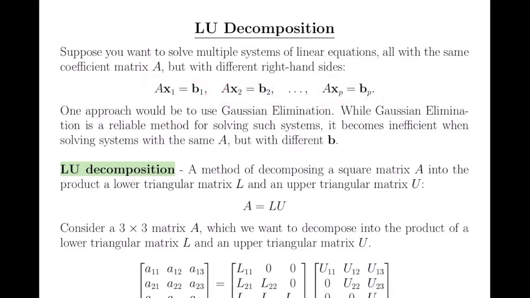So instead, we can write A as L times U, and we can just do a bunch of forward and back substitutions. Because we could use the backslash in MATLAB and do it instantly. That's true. But this decomposition significantly reduces the computational cost because L and U need to be computed only once.